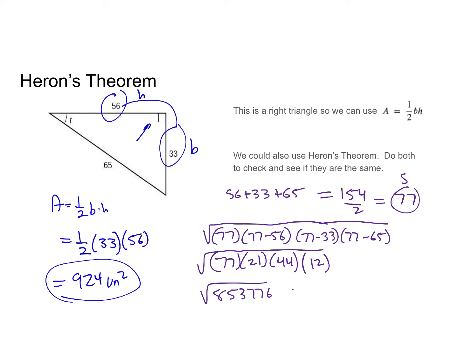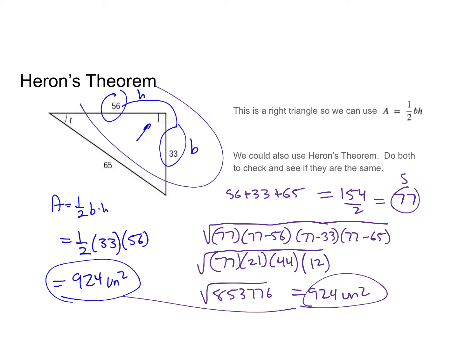If I do it right, I should get 924, and I do. That's why it works. So I just want to show you that, yes, this does work, even if I've got a right triangle, even if I forget that, I can still use Heron's theorem.